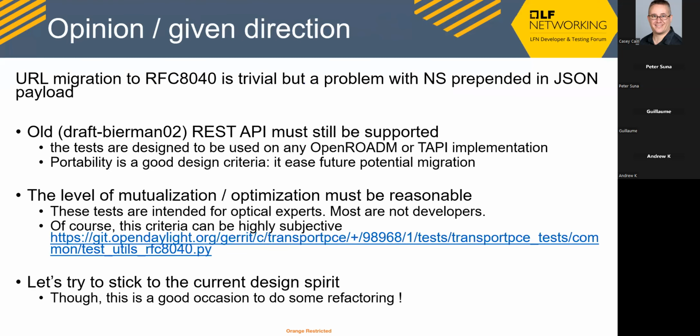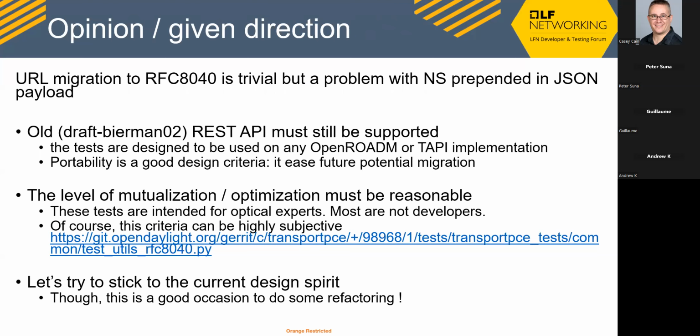This is the explanation of the direction I have given to this migration, based on some opinions that I have. For me, the REST migration to RFC8040 is pretty trivial. See a couple of examples.